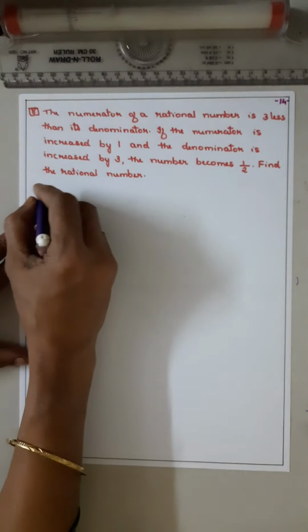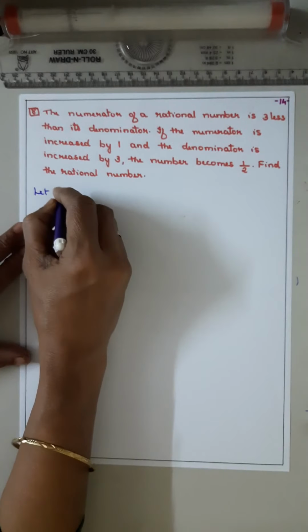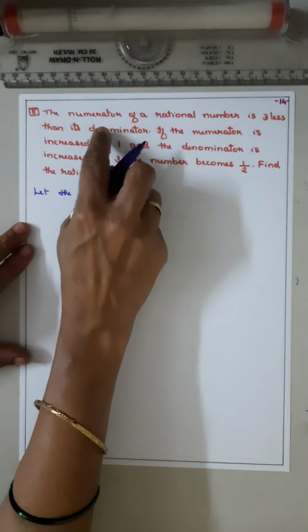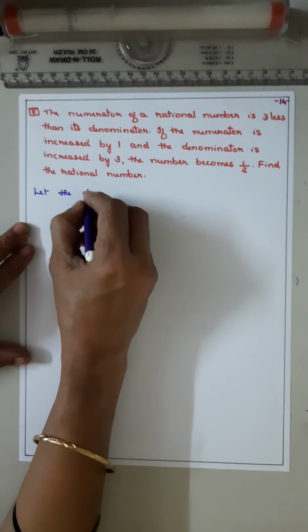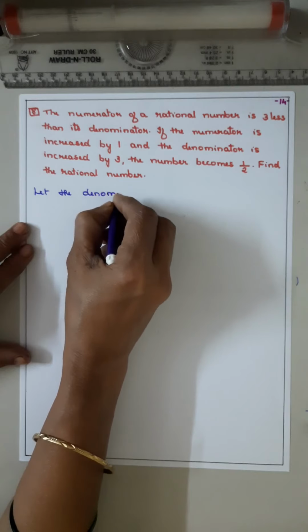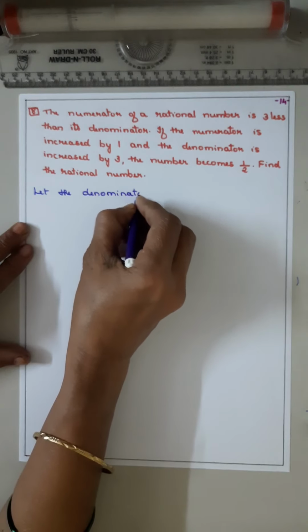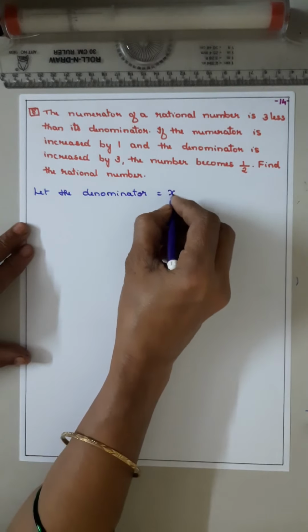Okay. So, the numerator is 3 less than the denominator. Let the denominator be equal to x.